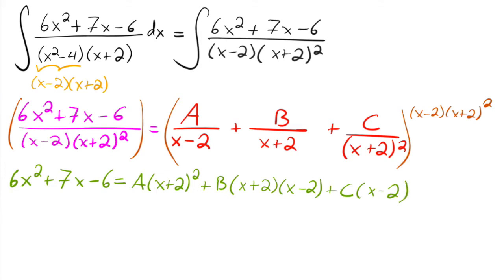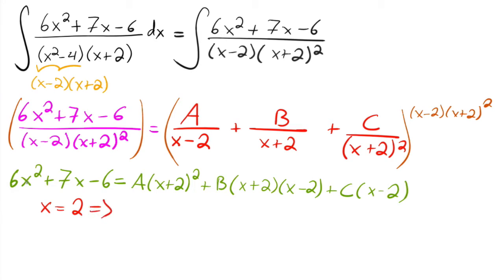Okay, now in this one, since we've done this quite a bit, we're going to go a little quicker on this part. So again, remember the idea. We want to zero out all of them except for one so that we can find each one of these coefficients, A, B, and C. So let's say we want to get rid of both B and C. We can do that by letting x equal 2.